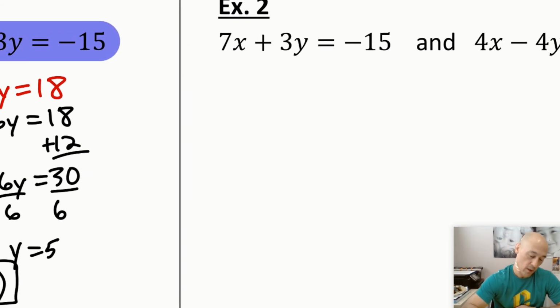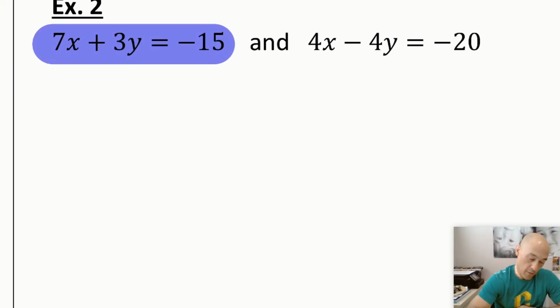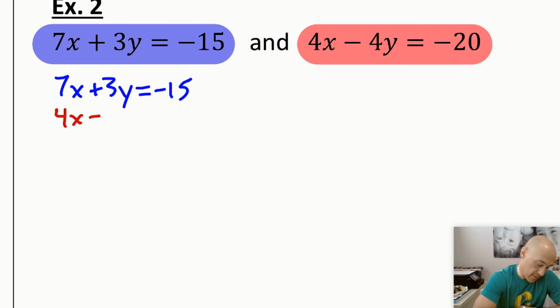Let's have a look at the next one. Again, I'm going to make a red and a blue. I have 7x plus 3y equals negative 15, and 4x minus 4y equals negative 20.